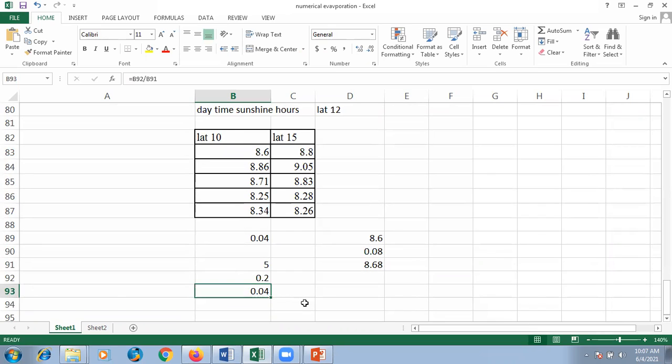So for every degree, it changes by 0.04. You keep adding 0.04 onwards to 10 to obtain 12. That means latitude 10 is 8.6, latitude 11 is 8.6 plus 0.04, and latitude 12 is 8.6 plus 0.04 plus 0.04. Twice you have to add. If you add it 5 times, you again get 8.8 at latitude 15. Is this point clear?